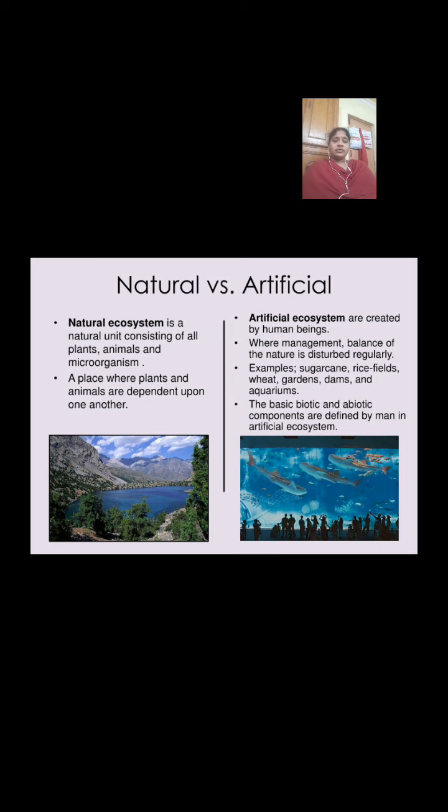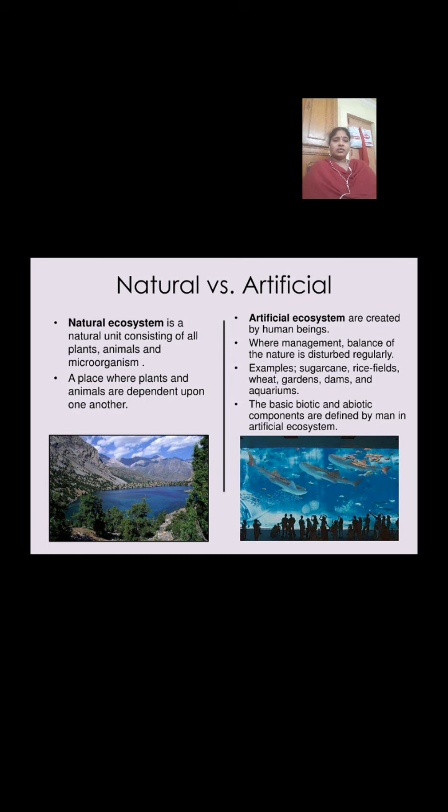In an artificial ecosystem also, the plants and animals present there depend on each other, but we are arranging everything there. We are arranging the particular animals and the particular plants, and we are creating the environment for the plants and animals to live there and depend on each other. Such an environment is known as an artificial ecosystem. Okay, so both will have biotic and abiotic components.